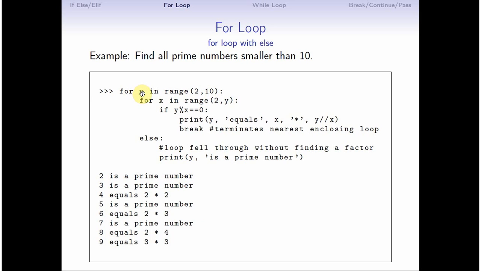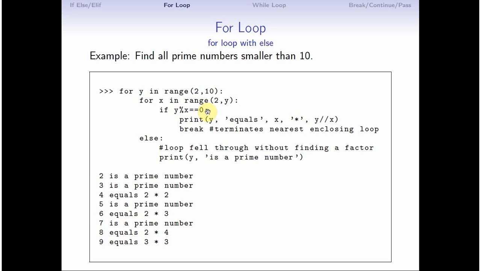For 3, range 2 to 3 means only 2. So 3 modulo 2 means if 3 divided by 2, the remainder equals 0, then x equals this times something. However, 3 divided by 2, the remainder is 1, correct?